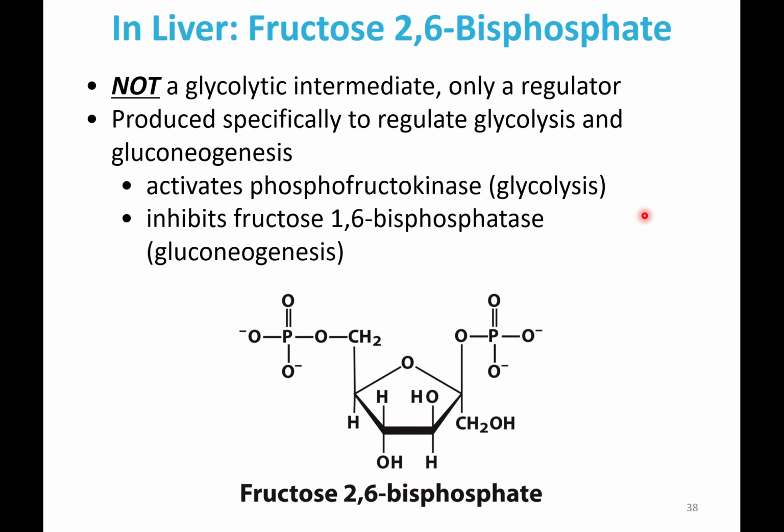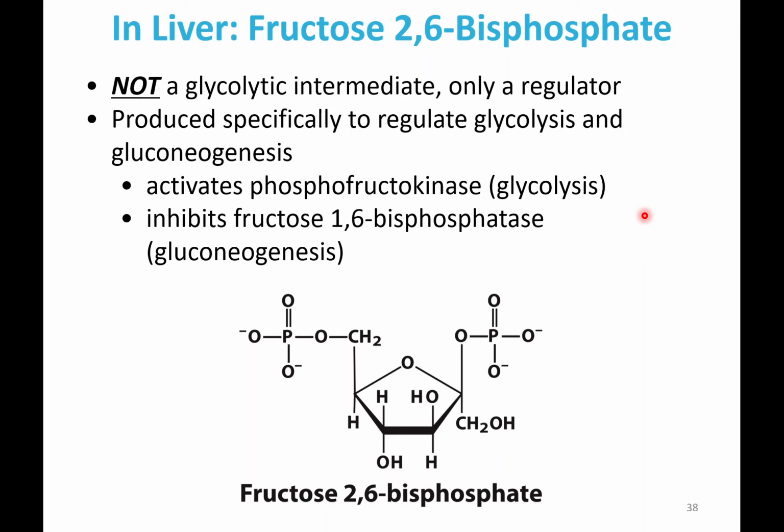Right. So in liver, fructose 2,6-bisphosphate becomes important. This again is not an intermediate of glycolysis. It's only a regulator. It's produced specifically to regulate glycolysis and gluconeogenesis.